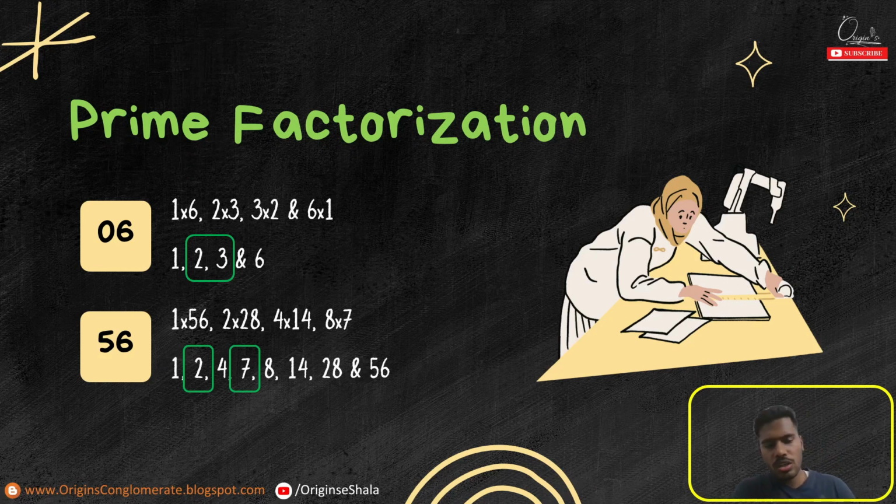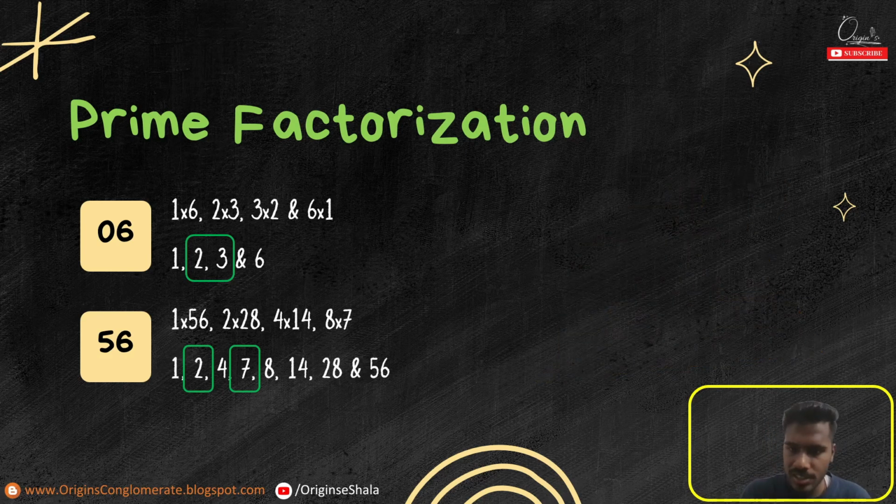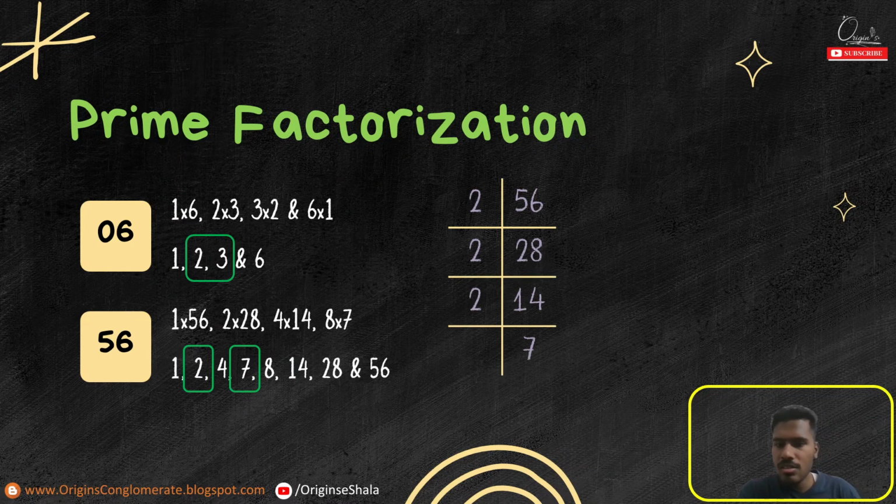So you can always find it like this, trying several combinations, but what will be the fastest way? That's what we are more interested in, because you will find several cases in exams where you need to find these prime factor forms. One such method, I think all of you are familiar with, is making a continuous dividing table.